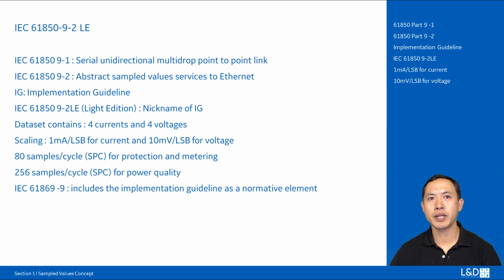The sample rate is either 80 samples per cycle for protection and metering or 256 samples per cycle for power quality applications. The future standard IEC 61850-9 for digital interface for instrument transformer will include the implementation guideline as a normative element.